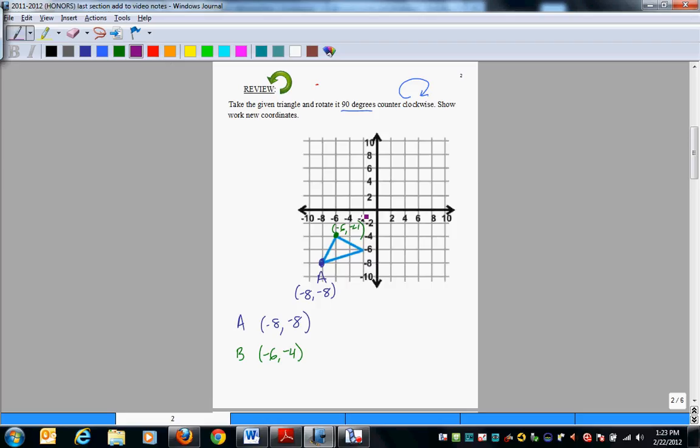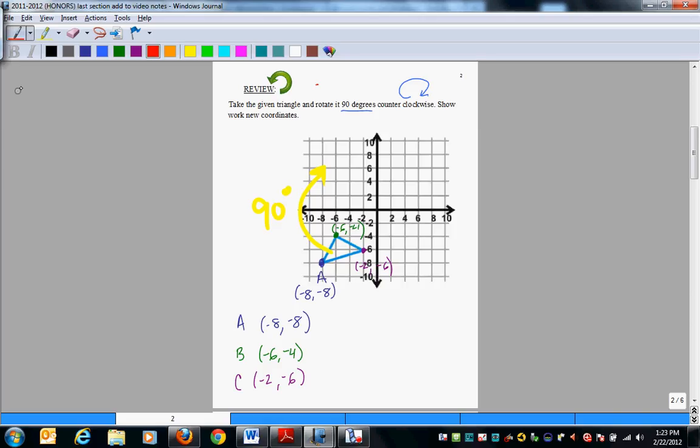And then C is -2, -6. We're going to be rotating this 90 degrees clockwise. It's nice to be able to just kind of draw a line and get a visual where you're going. We're going this way, 90 degrees.